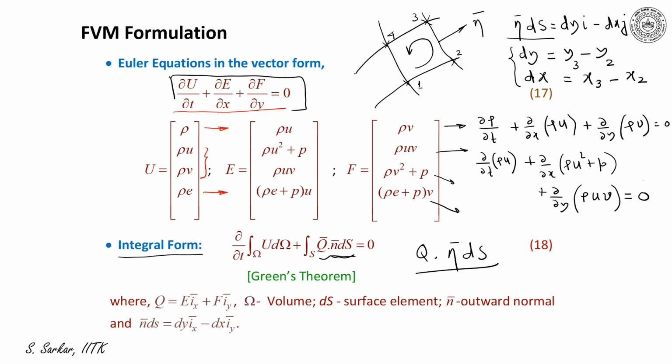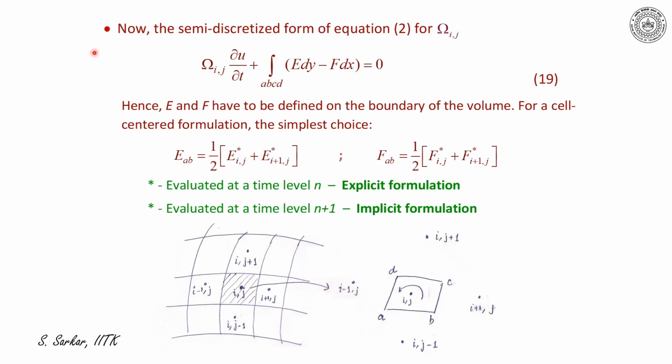And once you evaluate all those things, you can do the integration, numeric integration, following some algorithm. Now, the semi-discretized form of the equation 18 for a cell Ω_ij would be Ω_ij ∂U/∂t plus the surface integral of E dy minus F dx is equal to 0.